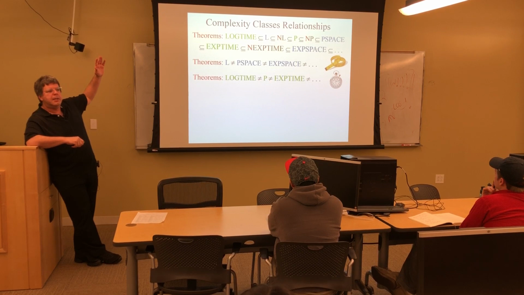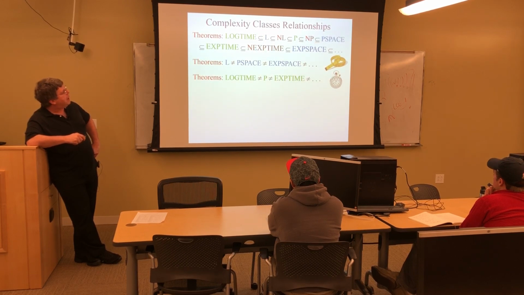How many get that? Because you have these two things sandwiched between these two green things, and this green is not the same as this green right there. So at least either L is properly contained in NL, or NL is properly contained in P, or log time is properly contained in L if log time and P are not the same thing, and you got set containments all the way out, and these are transitive.